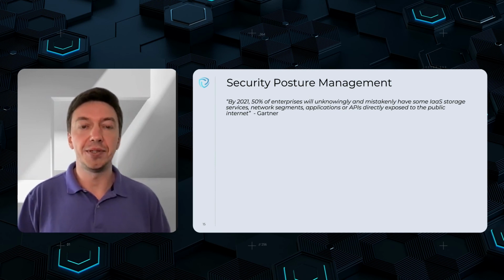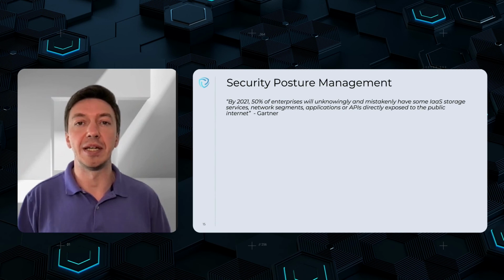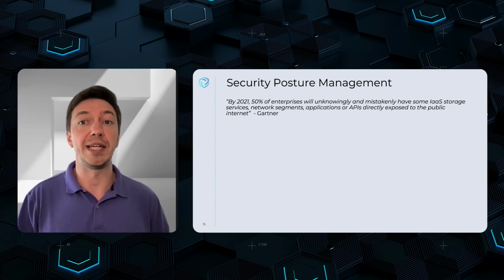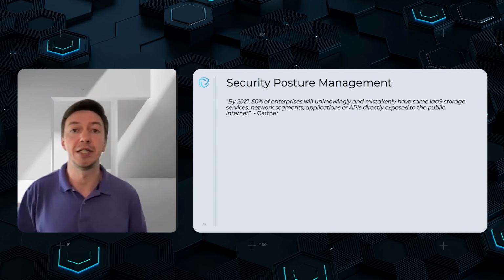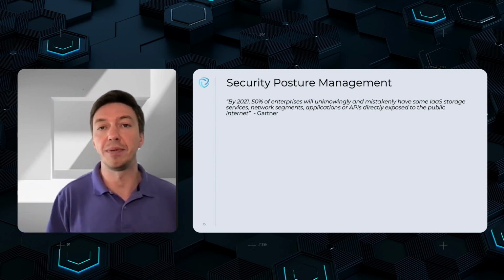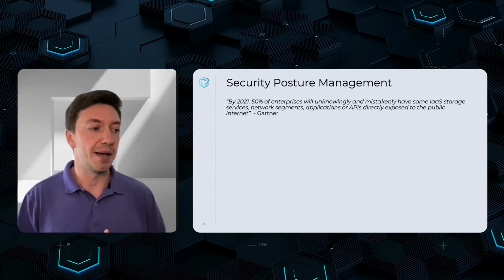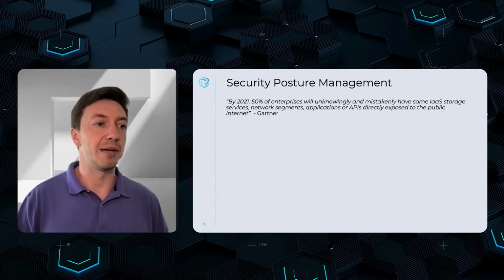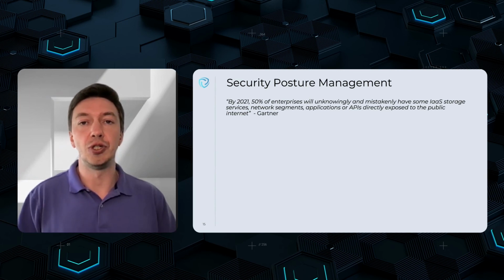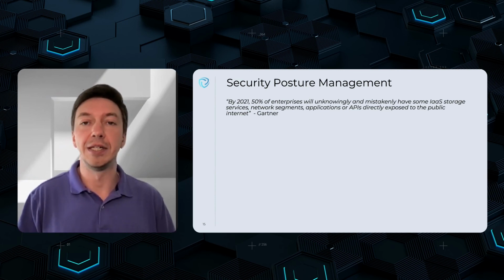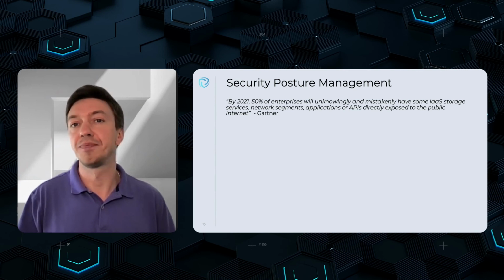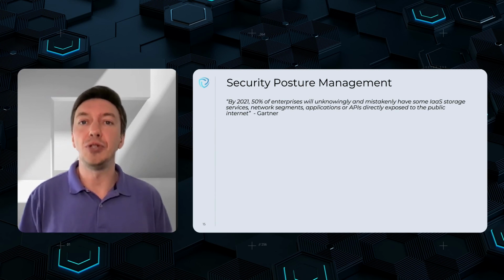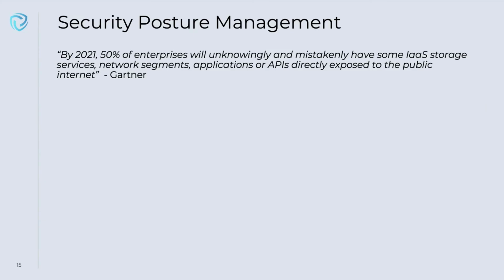But I think it's hard to disagree with this Gartner statement that these days, a lot of enterprises unknowingly or mistakenly expose private data just because of API or application misconfiguration. I think basically each week we see an announcement that some company has leaked their data due to improper S3 configuration in AWS. That's a very common thing. And that's normal because public cloud is still new to some of us, so we have to learn it.